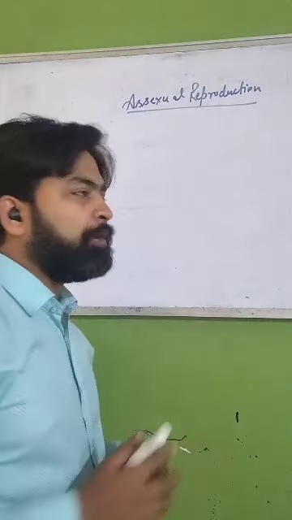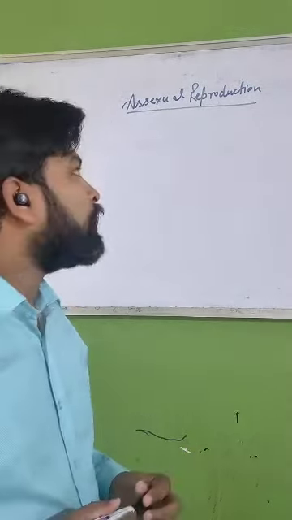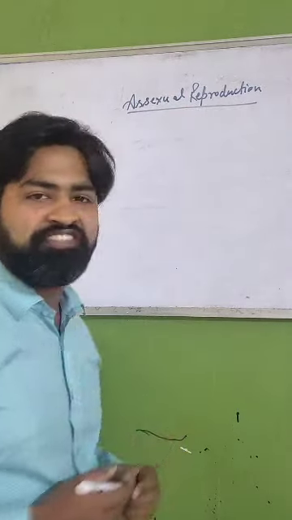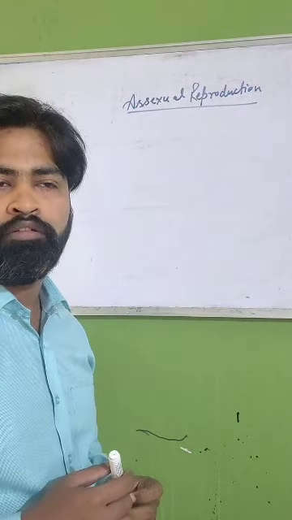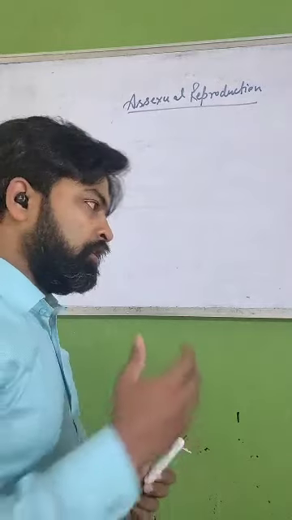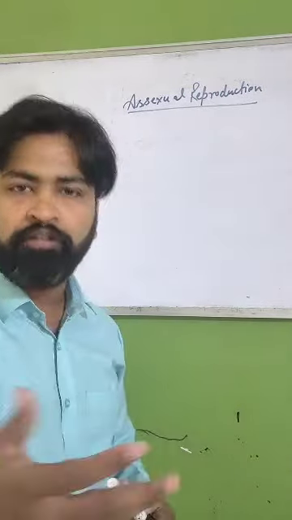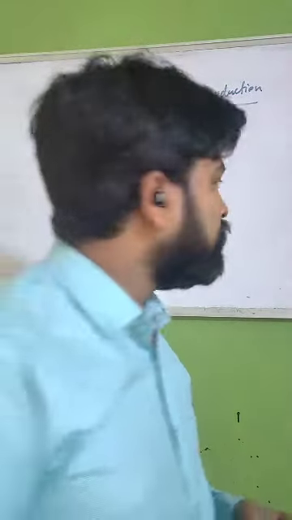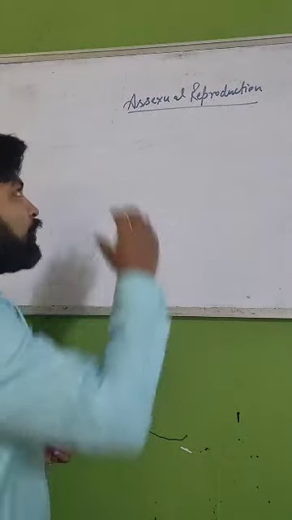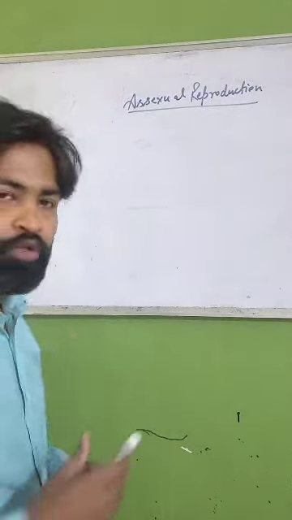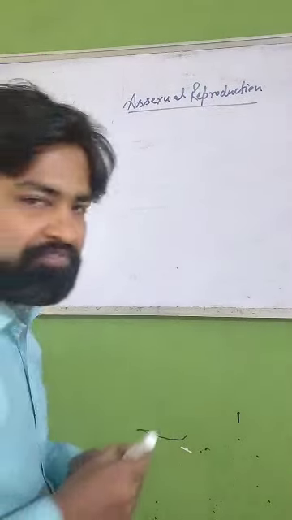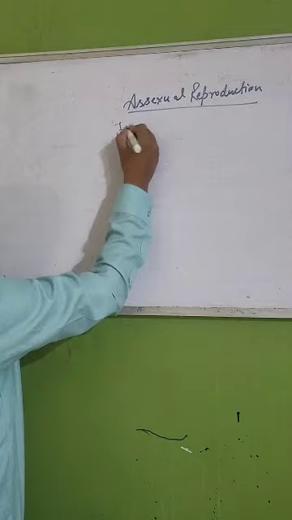It does not require any partner. It is comparatively a fast process. You can say that as compared to sexual reproduction, asexual reproduction takes place faster. It can be further grouped into the following types, such as the first one is fission.